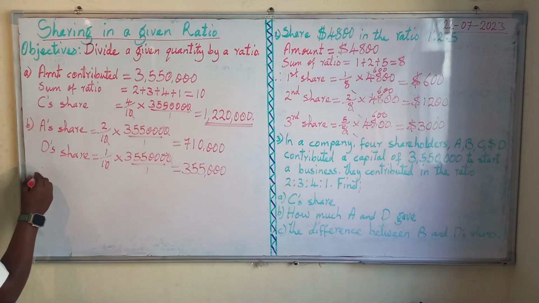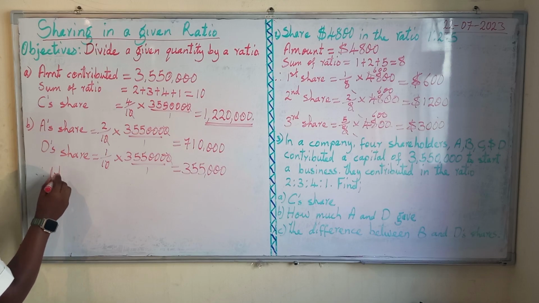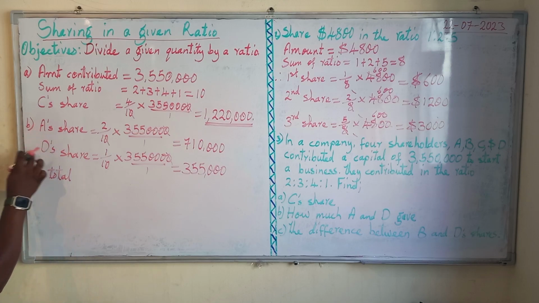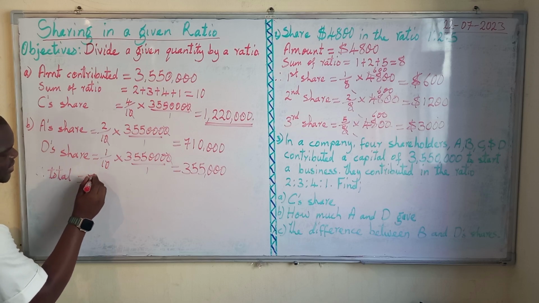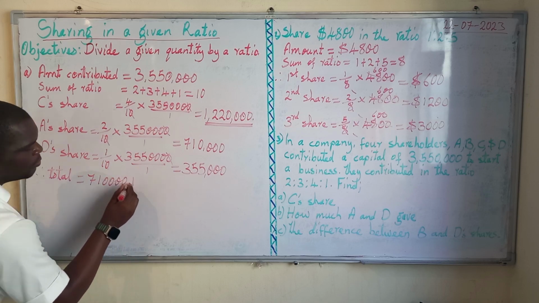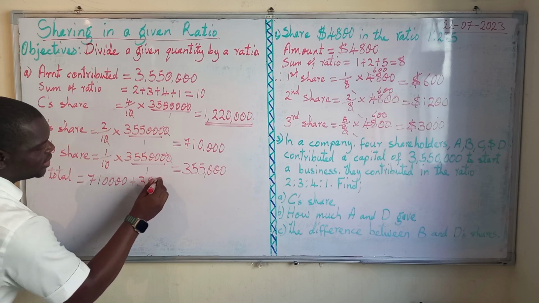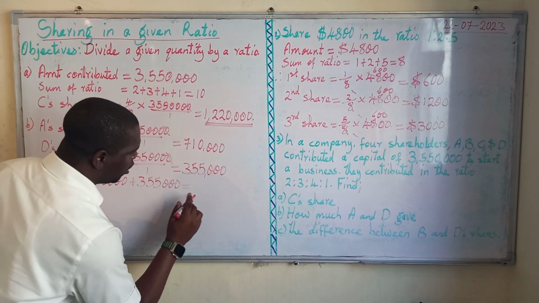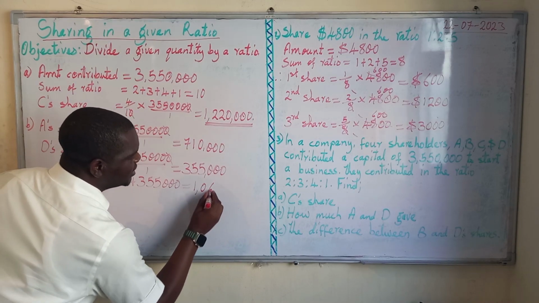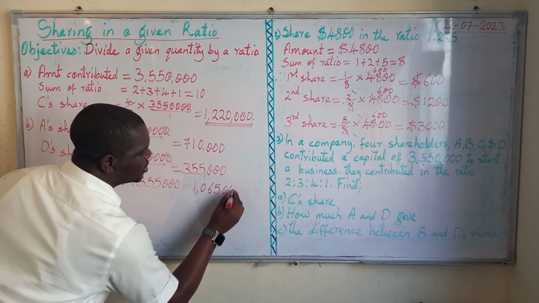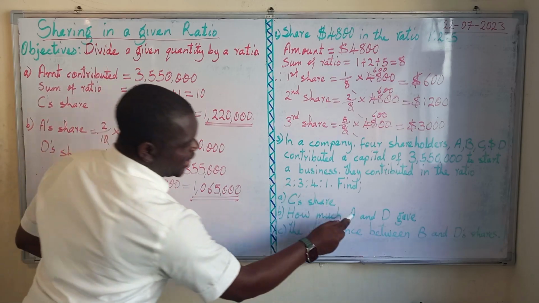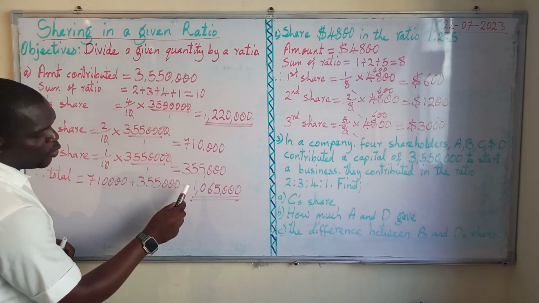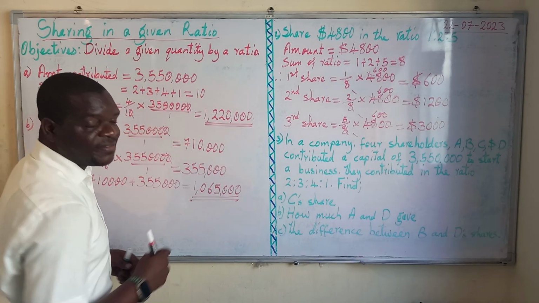355,000. Therefore, total for these two, total for A and D will be equal to 710,000 plus 355,000. And that is going to give us a total of 1,065,000. So A and D contributed 1,065,000.